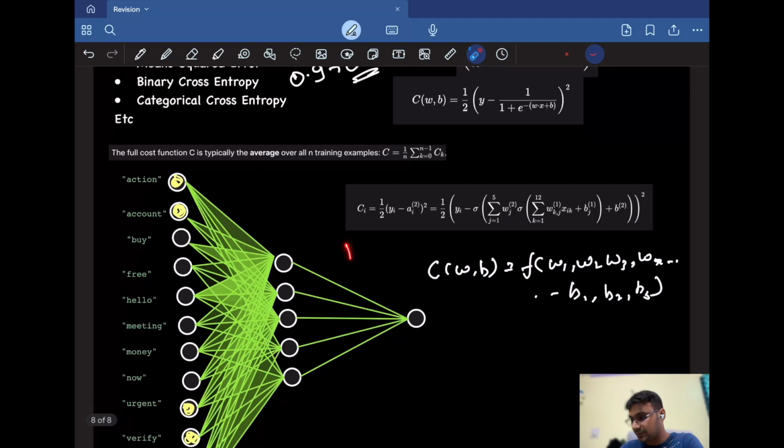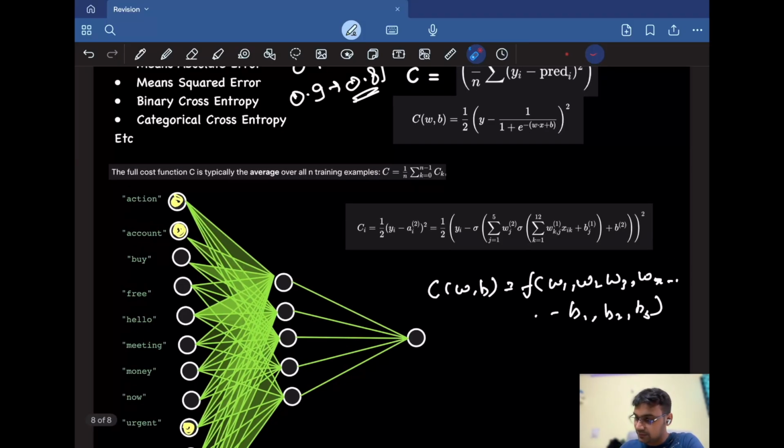So we cannot conclusively say anything based on a single example. We have to feed n number of examples and take an average to see how much the cost function is actually deviating from the actual value. That will give us a clear picture.